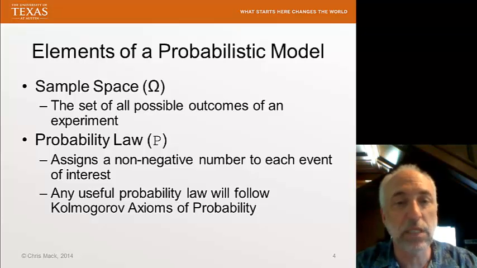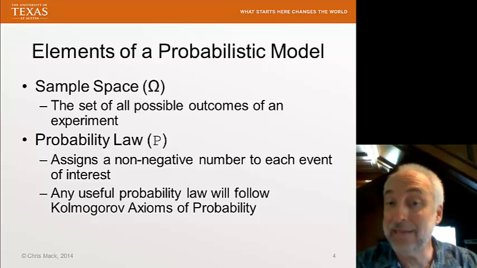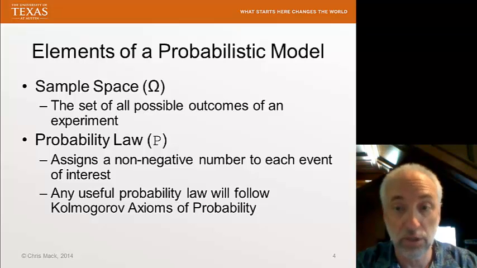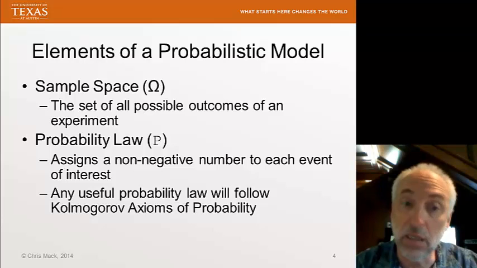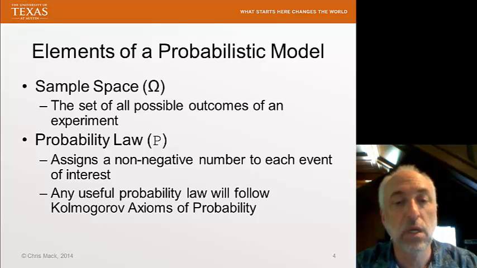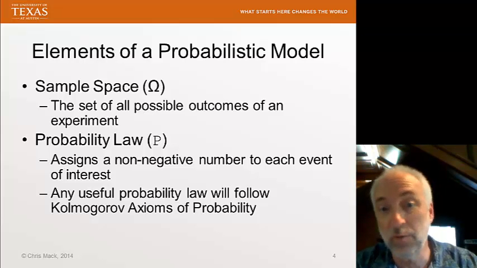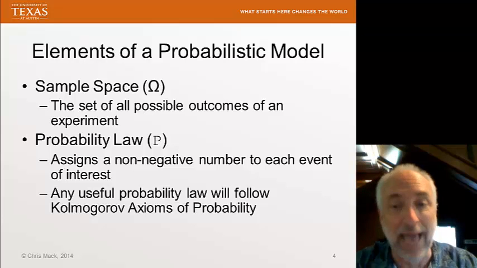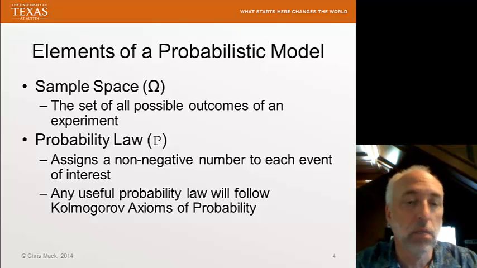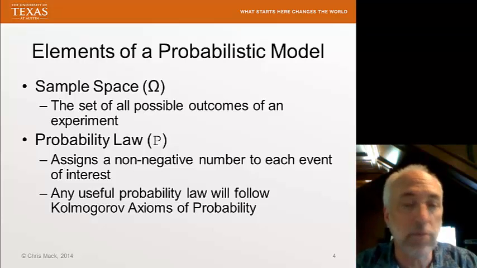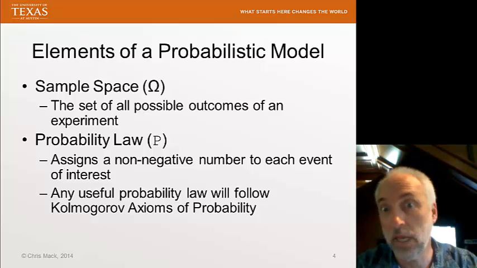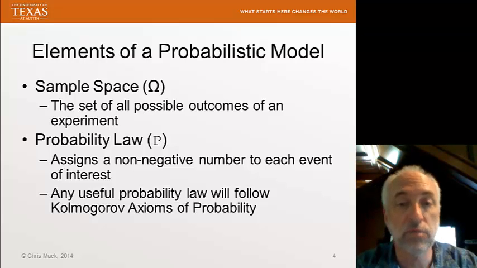The probability law assigns a non-negative number to each event of interest, which we call the probability of that event happening. There are lots of possibilities for probability laws, but none of them will be useful unless they follow the axioms of probability. Kolmogorov, the very famous Russian mathematician, developed these axioms of probability, and we use them today in all aspects of probability theory.